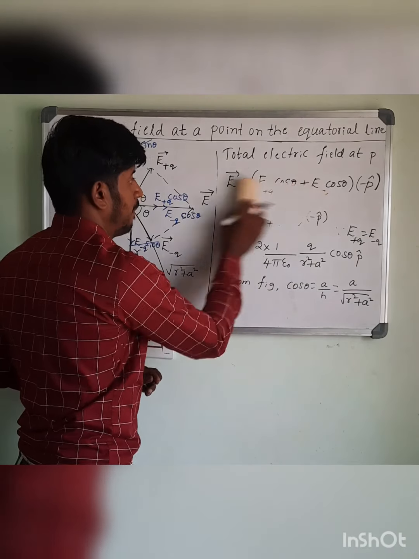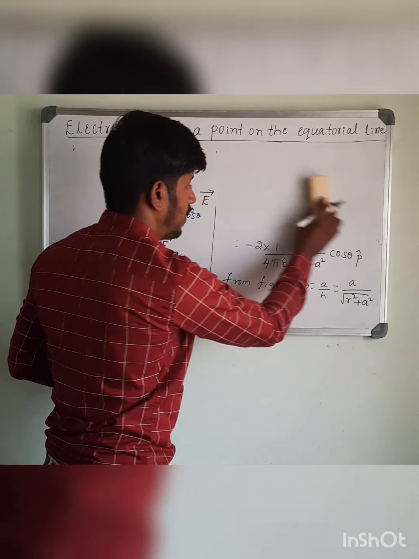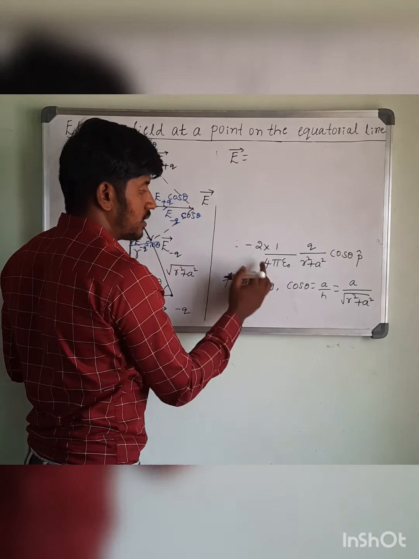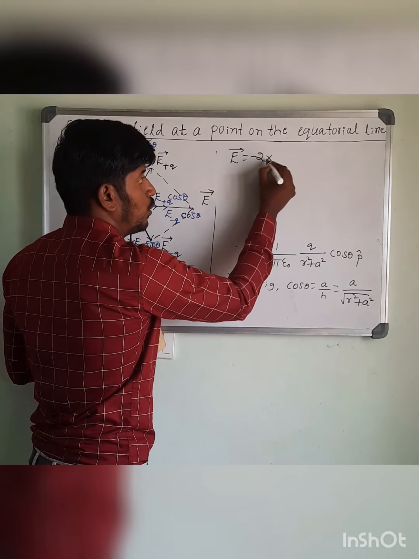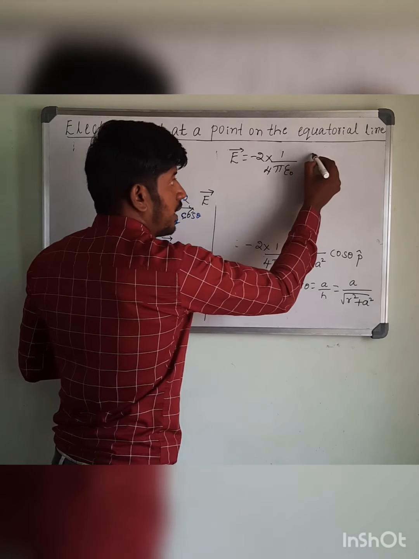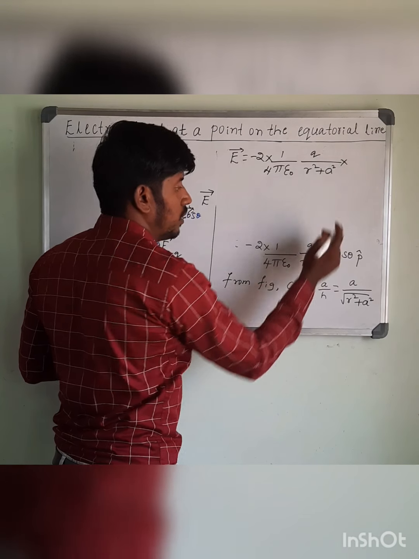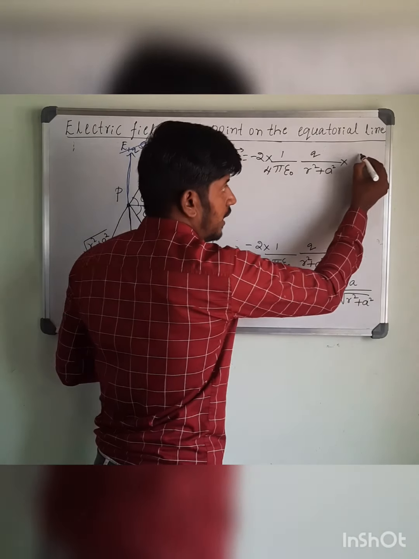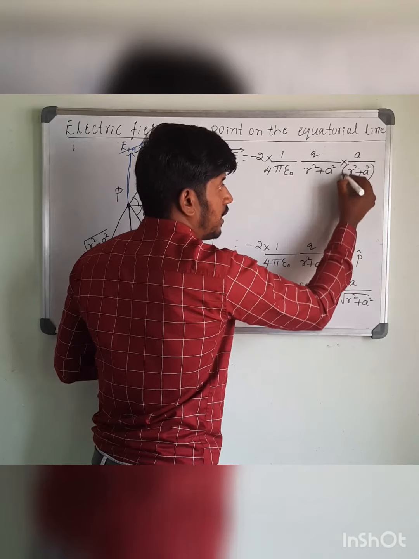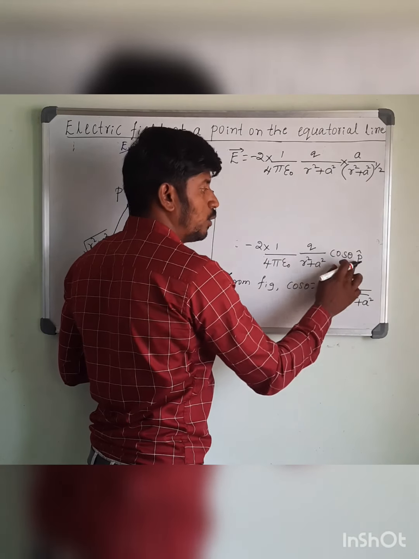Therefore, the total electric field at point P becomes minus 2 into 1 by 4 pi epsilon naught, Q divided by r square plus a square into cos theta. Cos theta is nothing but a divided by root of r square plus a square, and this root can be written as whole power 1 by 2, into p cap.